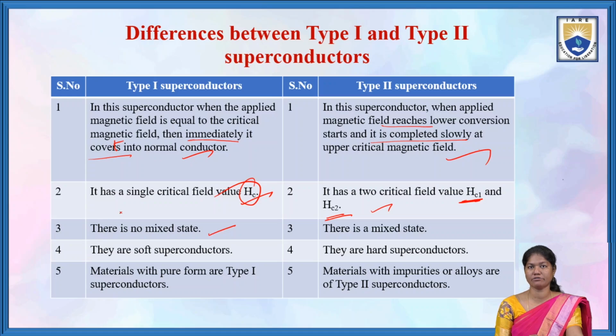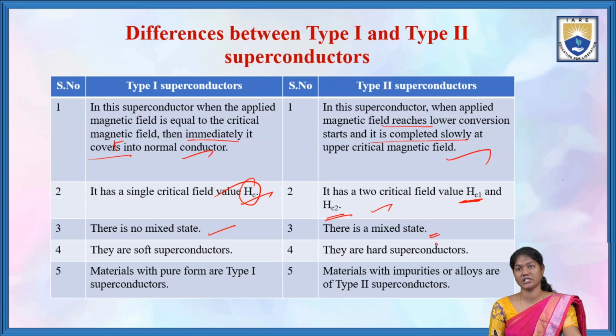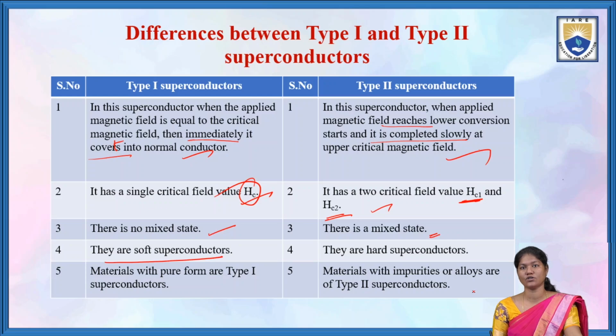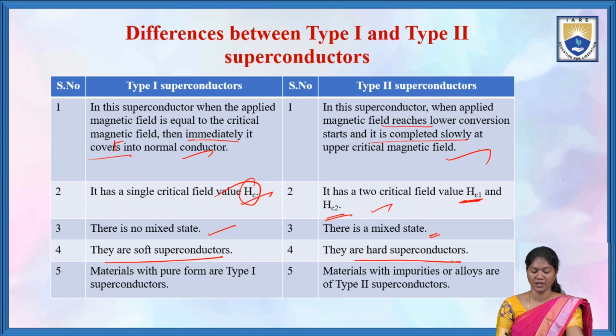It is directly converted into the normal state. But in type 2, there is a mixed state which shows the superconducting state as well as the normal conducting state. Type 1 superconductors are called soft superconductors, whereas type 2 are called hard superconductors.